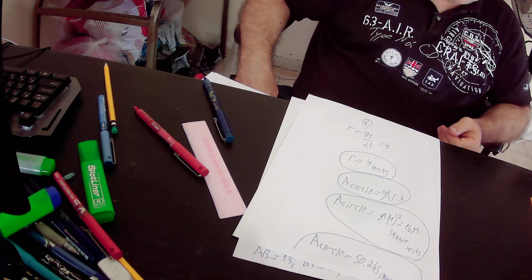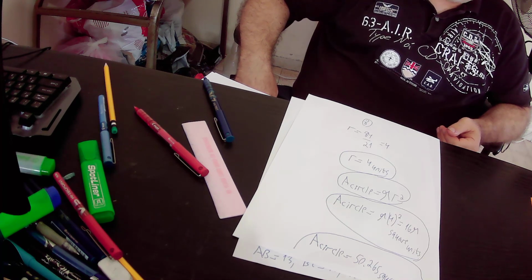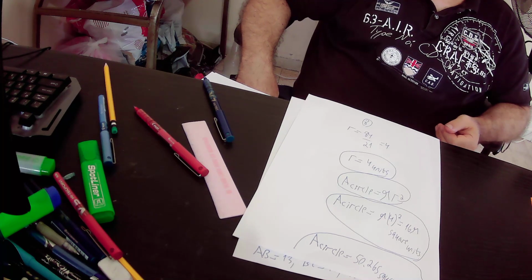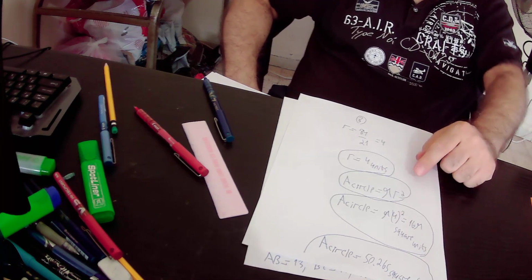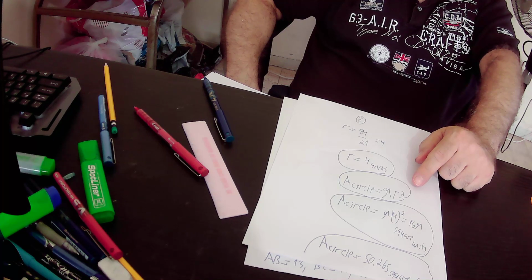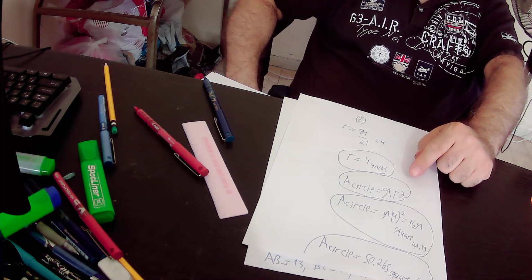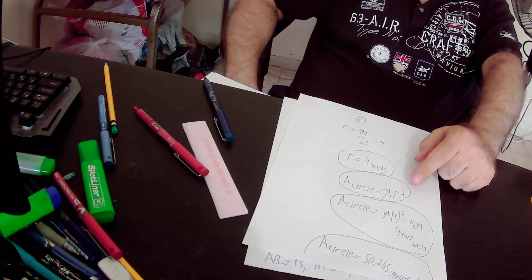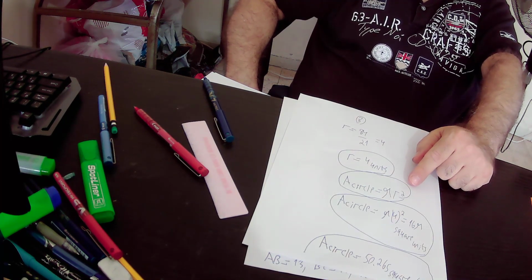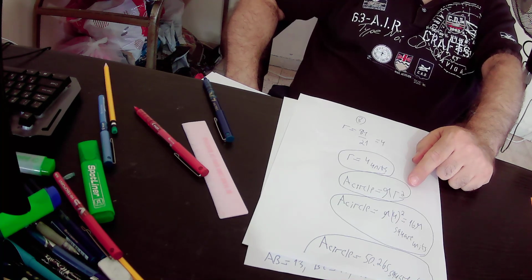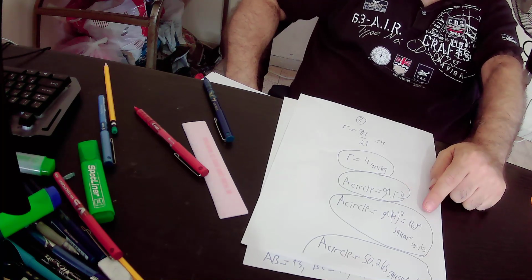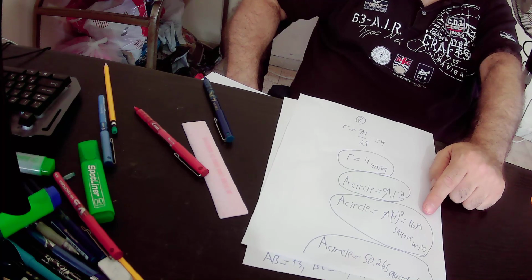After we found the radius of the green circle, it is very easy to find the area, because the area of any circle equals pi times the radius squared. We know that R equals 4, so we substitute R by 4. The area of the green circle equals pi times 4 squared, or 16 pi square units.